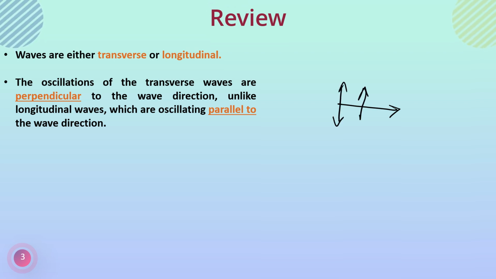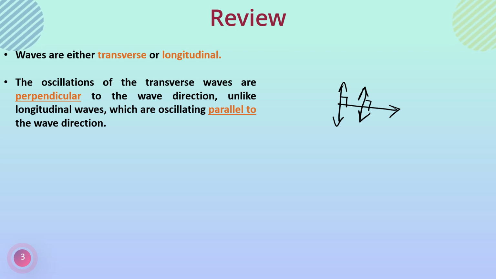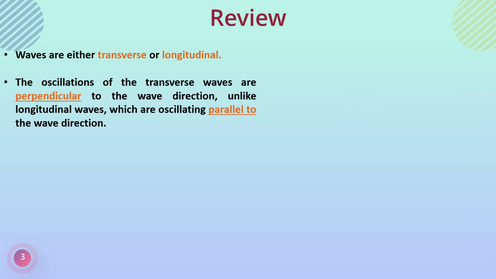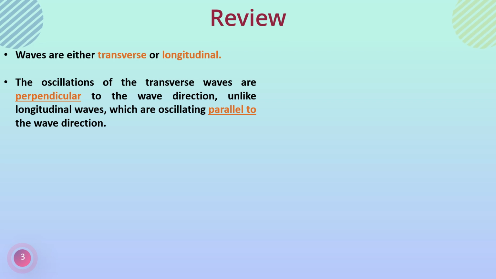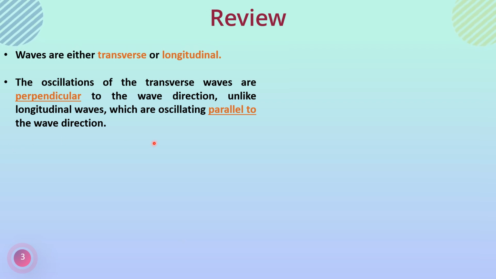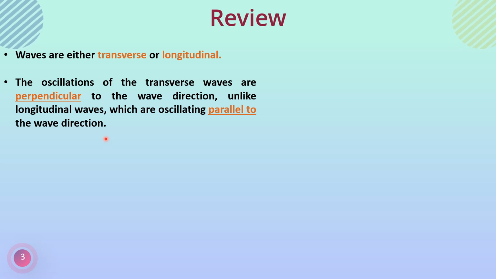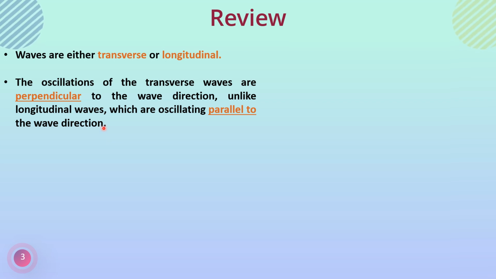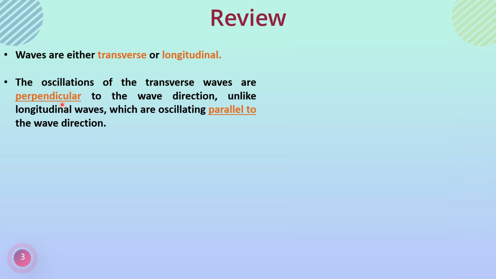The oscillation is perpendicular to the wave direction, and that is what we call transverse waves. Unlike longitudinal waves, which oscillate parallel to the wave direction. So the difference between transverse and longitudinal waves is the direction of the oscillations: transverse are perpendicular and longitudinal are parallel.